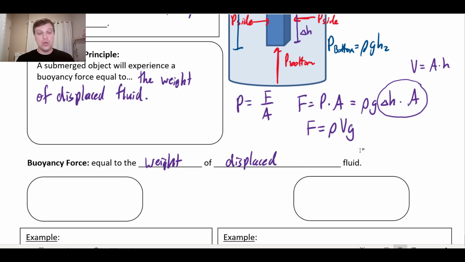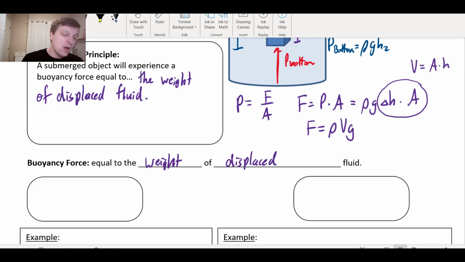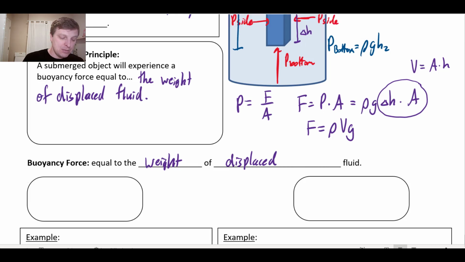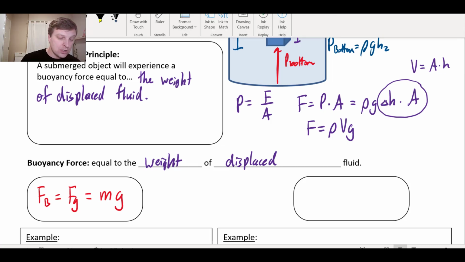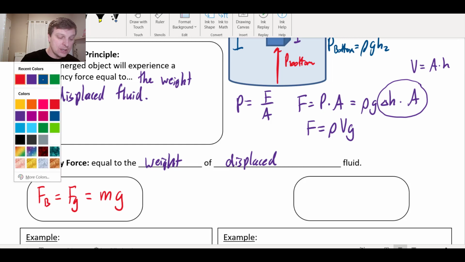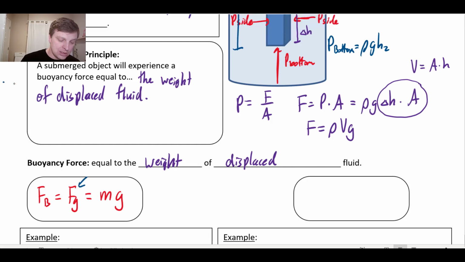So again, two ways we can think about this. The buoyancy force is just equal to the displaced weight, so the Fg of the fluid, and that would just equal mg. It's really important to recognize here that in this case, what we're talking about is of the fluid itself, not of the object. So these are both of the fluid.